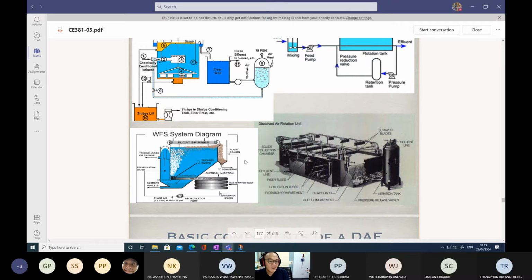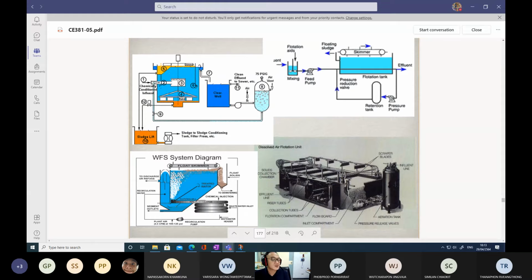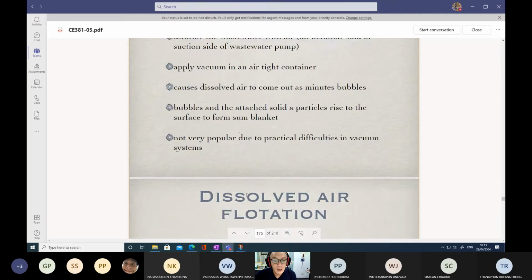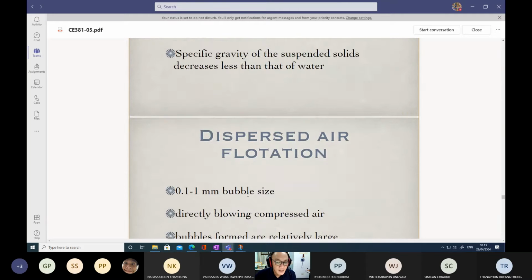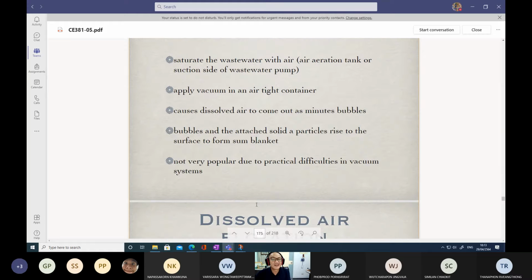The bubble size itself is actually the limitation of this process. That is why this process is not very popular, particularly for suspended solids removal. The details about these flotations, how it works, I think you can start by yourself.